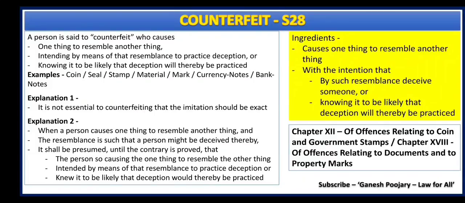I have already given examples like coin, seal, stamp, material, mark, currency notes, bank notes. Now where are we going to understand about them? That we are discussing under chapter 12 as well as chapter 18. Chapter 12 discusses offences relating to coin and government stamps, and chapter 18 offences relating to documents and to property marks, and here and there we might see somewhere else also.